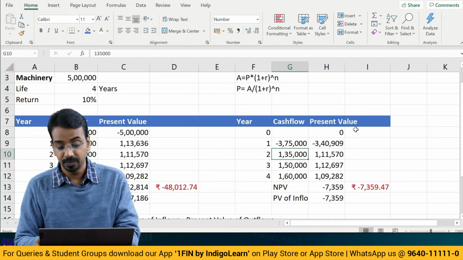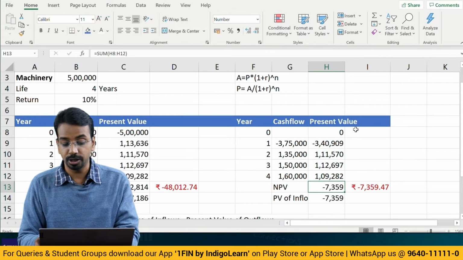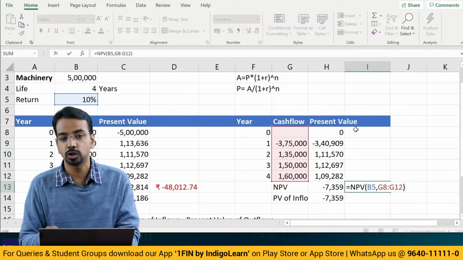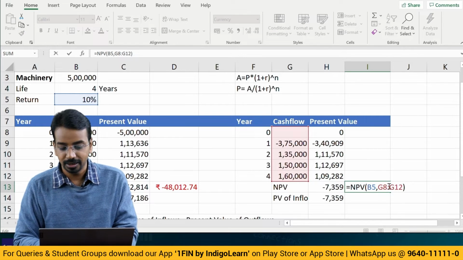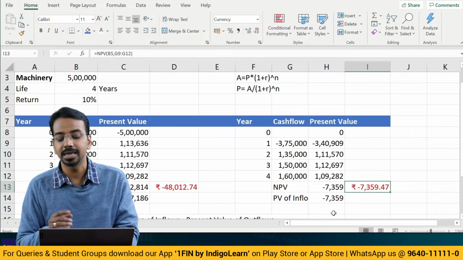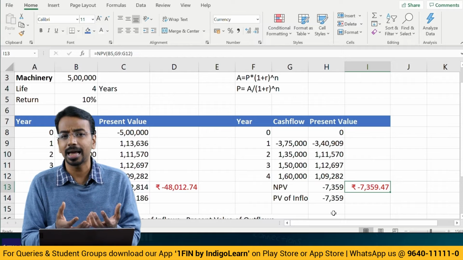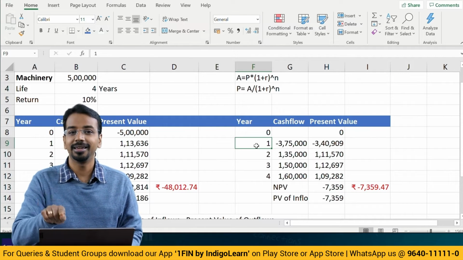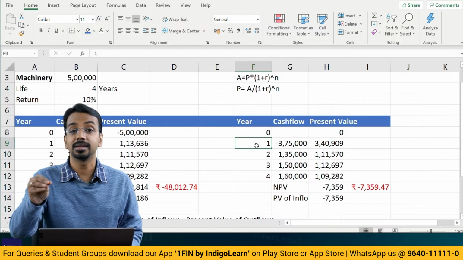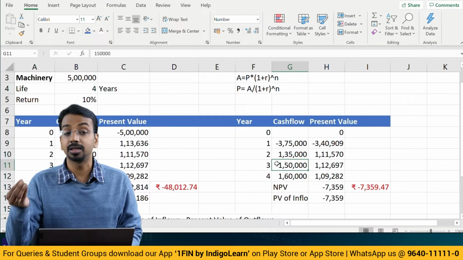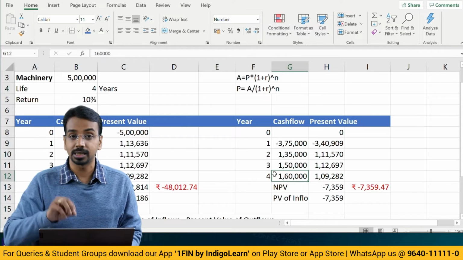Now what has happened? NPV as per my computation is 7359, and NPV as per Excel's computation is also 7359. In fact, this G8 is not needed now, this becomes G9, right? Then also it is 7359. Now why did this happen? Now here it is very clear that at the end of year 1, there is a net cash outflow of minus 375, end of year 2, there is an inflow of 135, year 3 150 inflow, year 4 160 inflow.